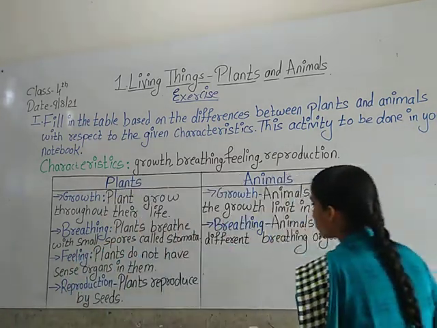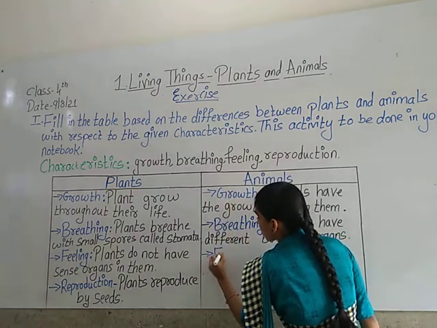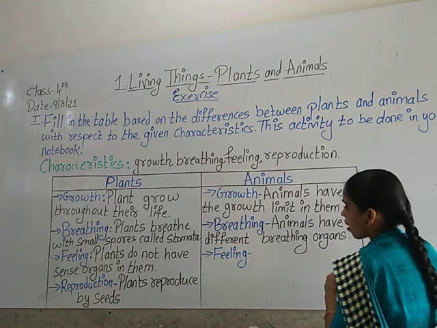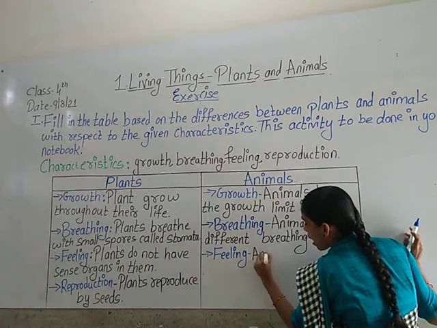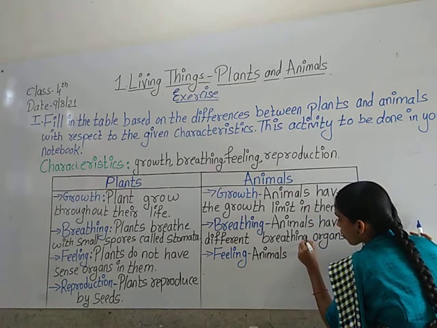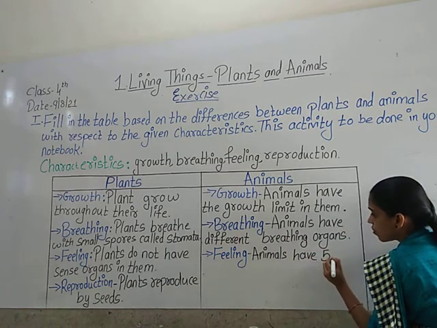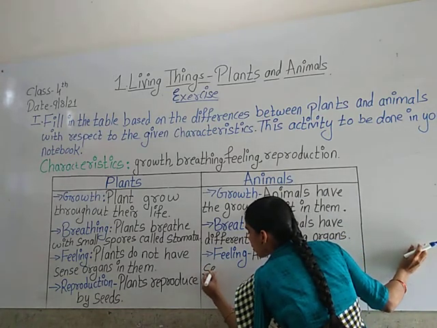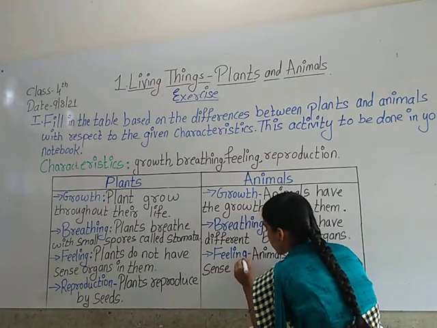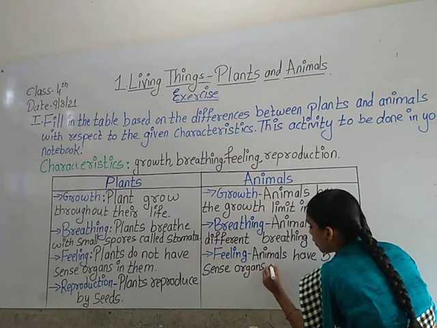So let us write. The next one is feeling. Feeling means the senses. Animals have 5 sense organs in them.